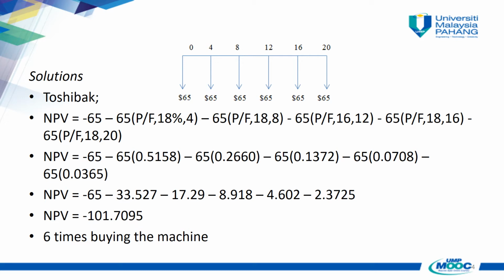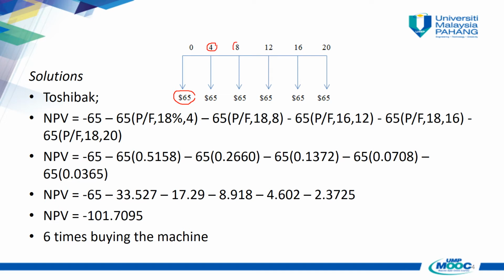We calculate first for our Toshiba. We buy the first machinery for 65,000 in our first year, and because the machine can only be used up until 4 years, we need to buy again every 4 years.